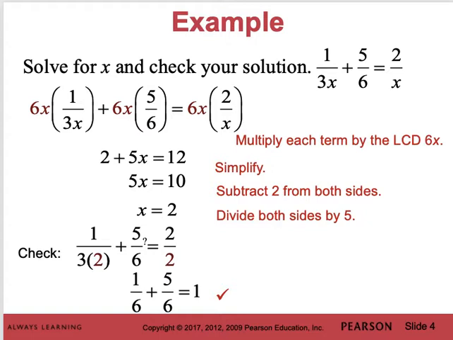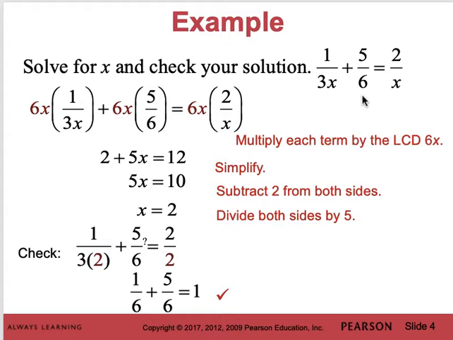We are adding 1 over 3x plus 5 over 6, and this equation says it equals 2 over x. So first we want to figure out what would be the least common denominator. If I'm looking at these denominators when I'm adding, they have to be the same for me to add them.